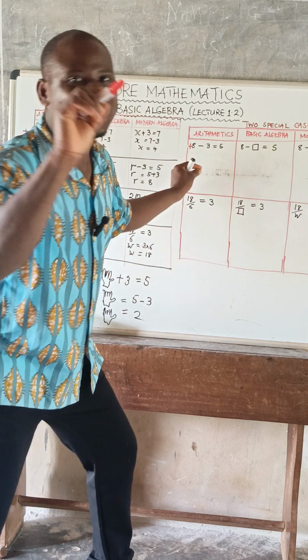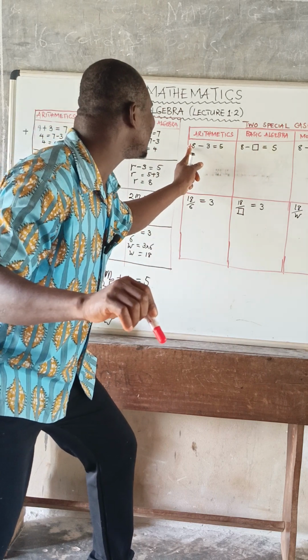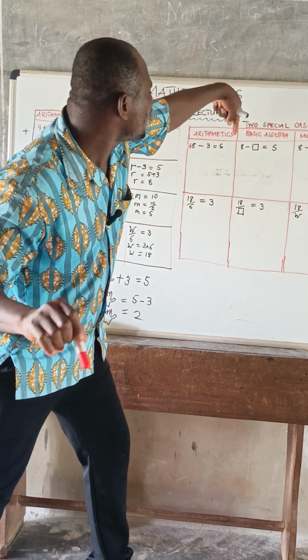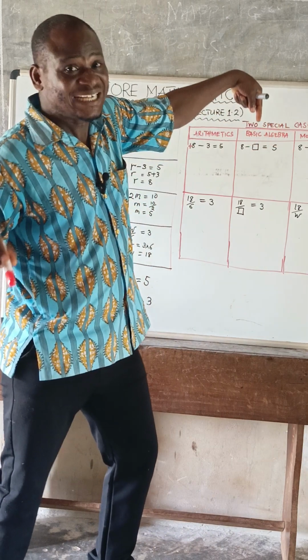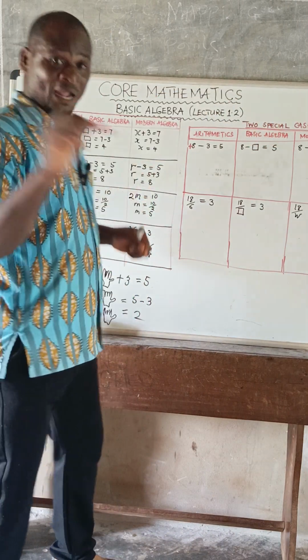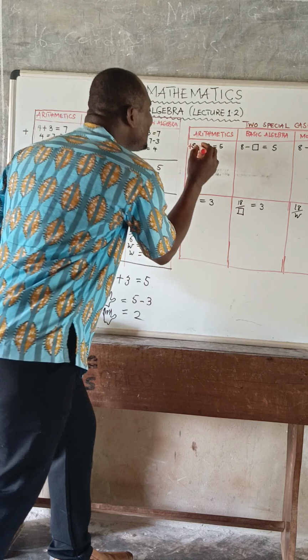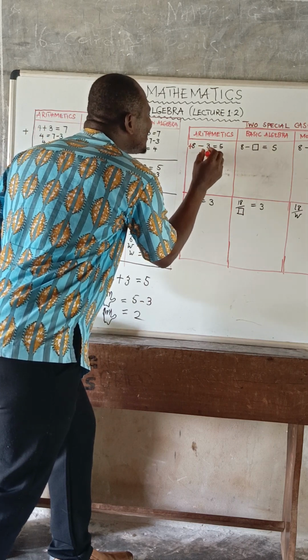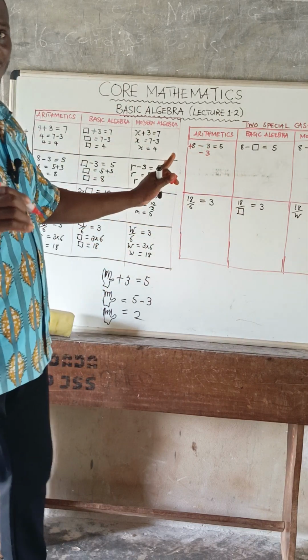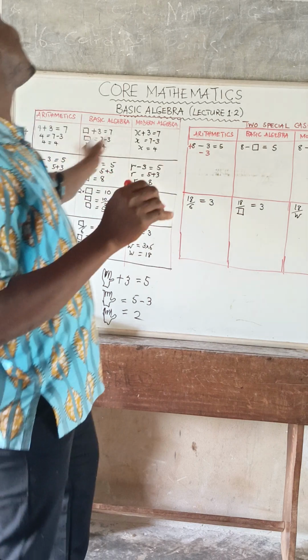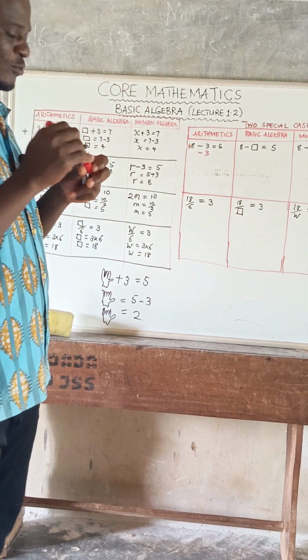Whenever you are sending a positive like this to the other side where the answer is located, it is established that keep the sign of the 3 remaining with it, because to the left of the 3 is a minus.